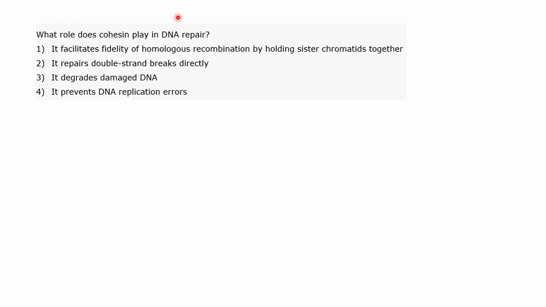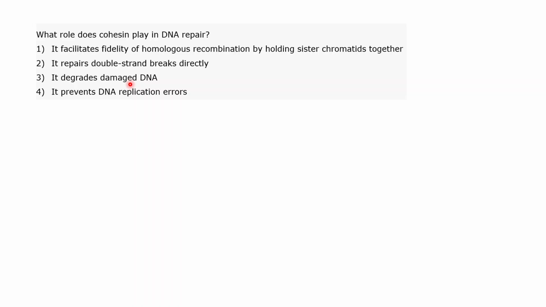What role does cohesin play in DNA repair? It facilitates fidelity of homologous recombination by holding sister chromatids together. It repairs double-stranded breaks directly. It degrades damaged DNA, or it prevents DNA replication error. Which might be the answer?